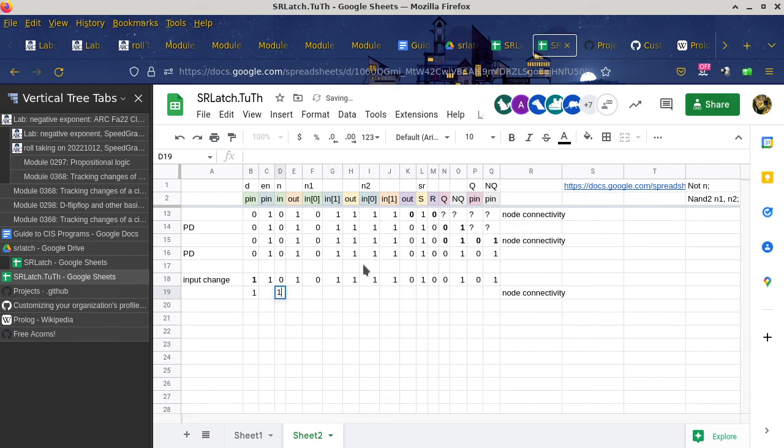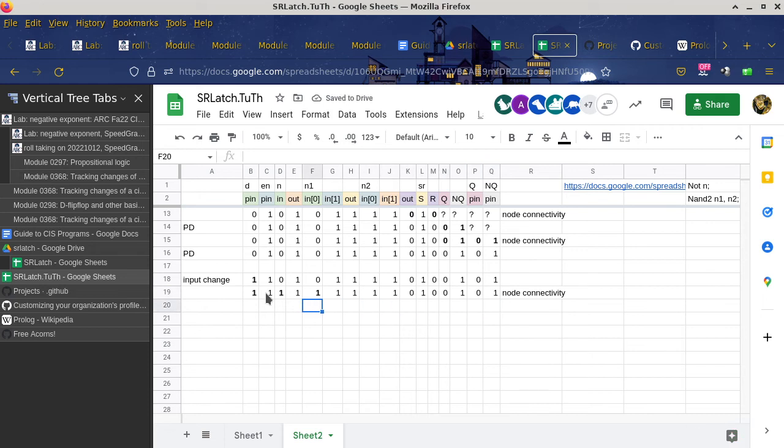So this is green, and this is also green. So all of them are going to be bold-faced because they are all changed from what they used to be. And the rest, they're the same as what they used to be. So I'm just going to copy all of those without bold-faced. 0, 1, 0, 0, 1, 0, 1.